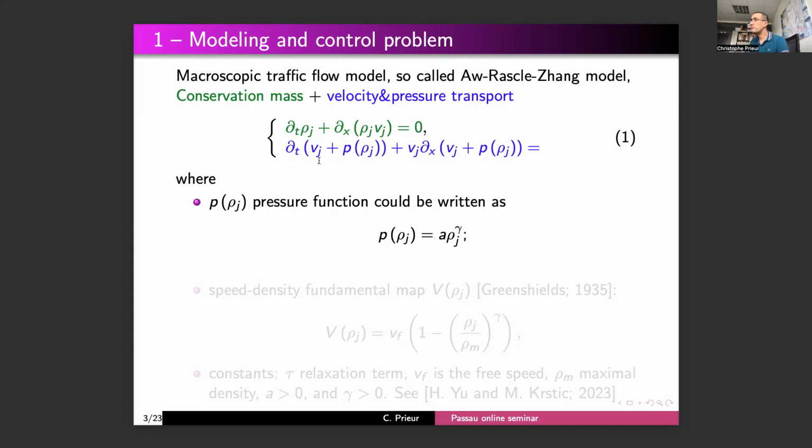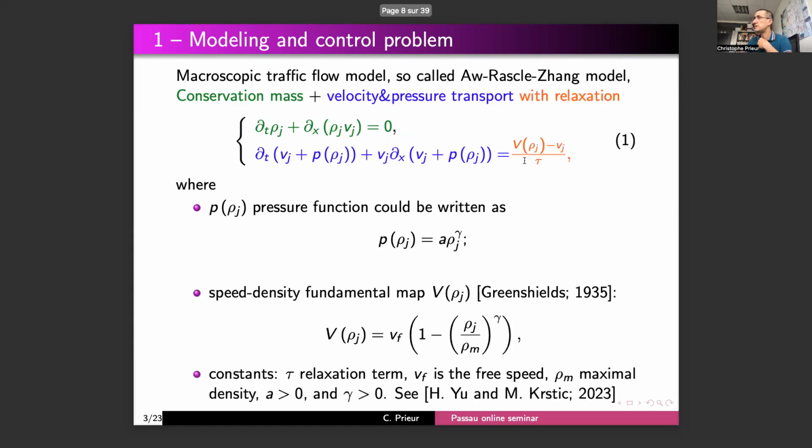Okay. So we have a transport equation, but in fact there is a relaxation term, and the relaxation term is given by this orange term, which is just a relaxation of this transport term. The relaxation is given by some fundamental map V of rho, which is very classical. It depends on the density, minus the velocity, with a constant tau.